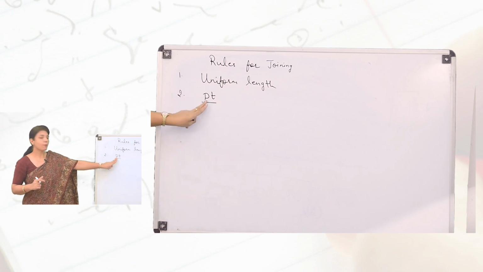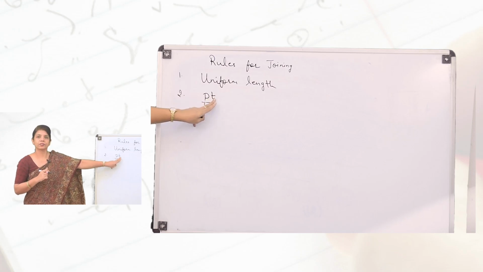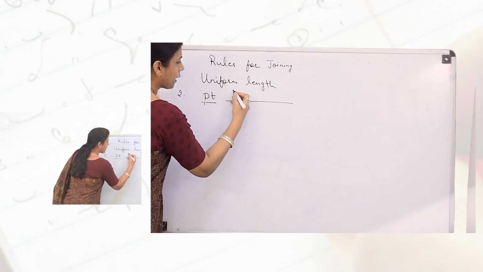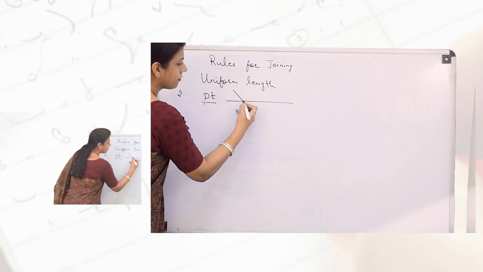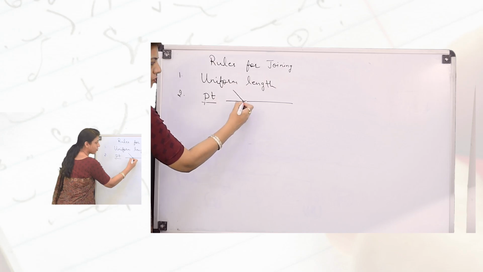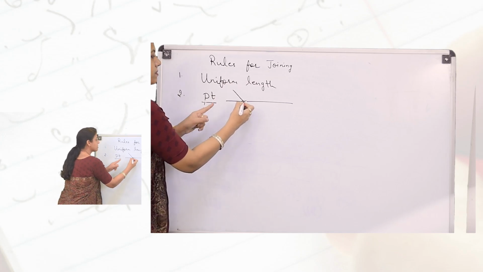So the ending point of the first is the beginning point of the second. How? P is written like this. It is a straight line from left to right, top to bottom. Now see, here our P is ending. This is the ending point of P, but it is going to be the starting point for T.